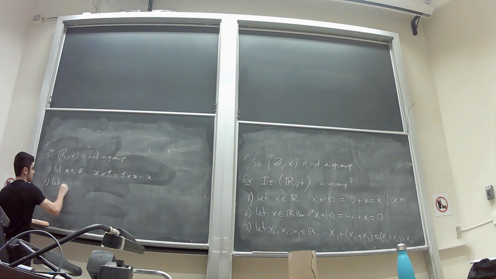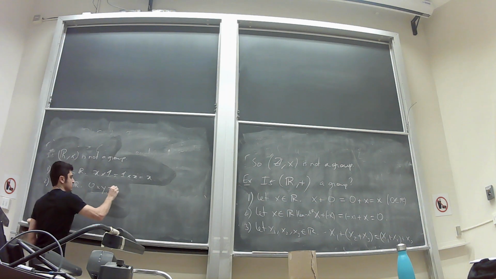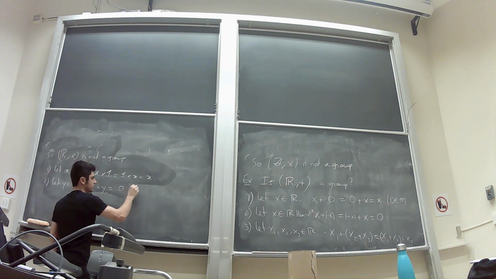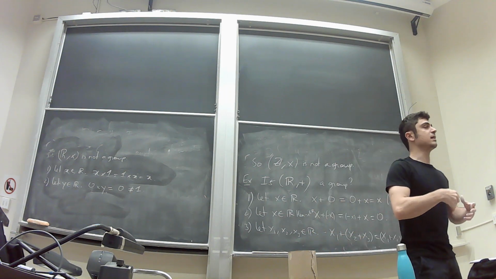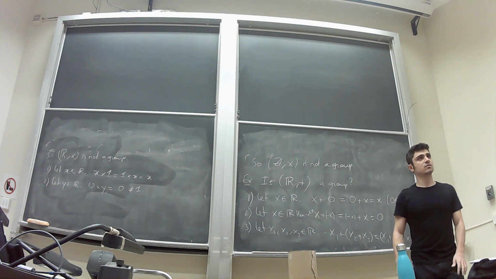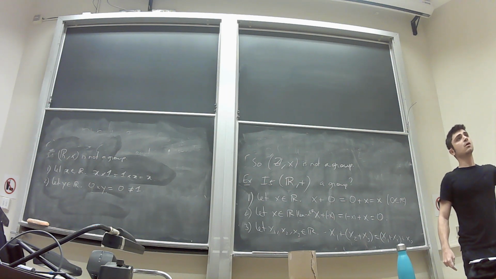Let y be in R. 0 times y is equal to 0, which is different than 1. So if you have 0, you cannot find an element such that 0 times that element is equal to 1. All good here?